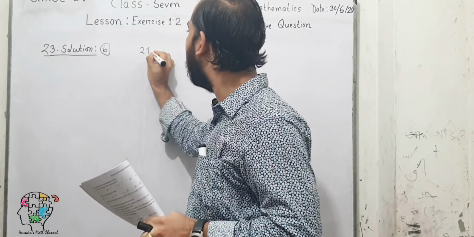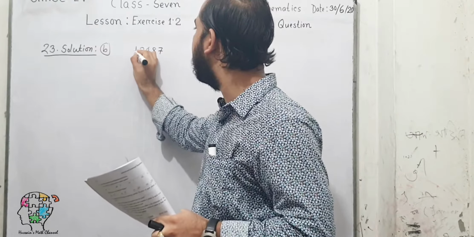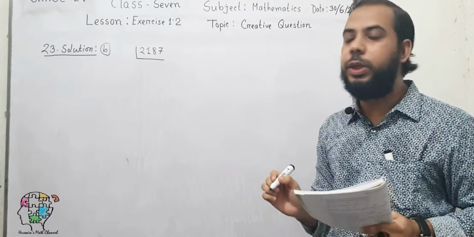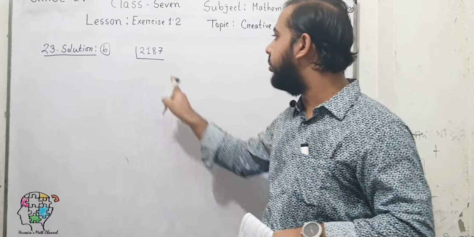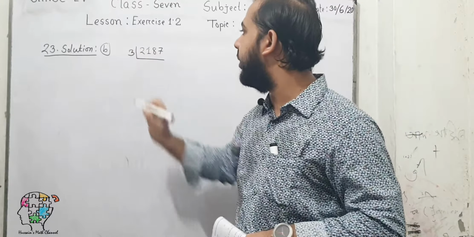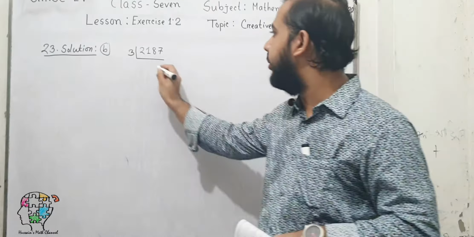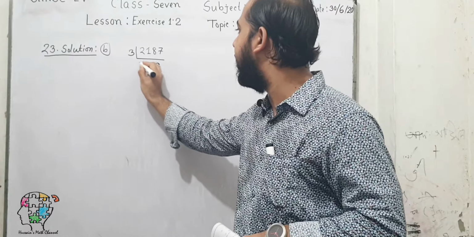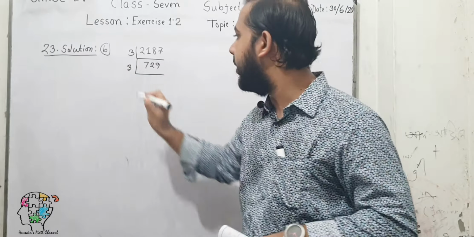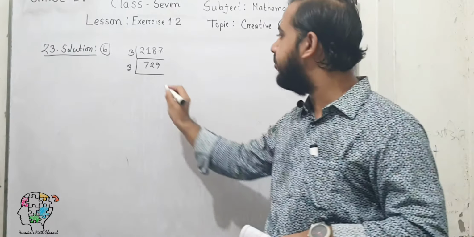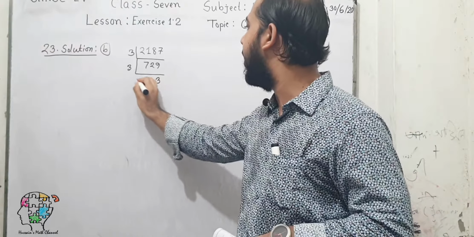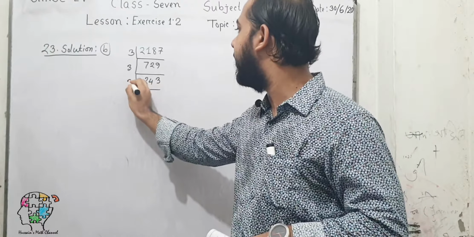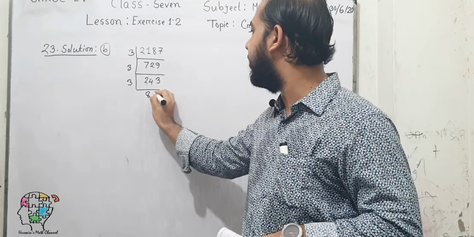So 2187, clearly it will not be divisible by 2. So we check it with 3 and we will get 729. Again with 3 we will get 243. Again we check and we will get 81.